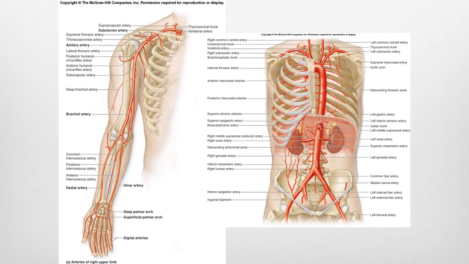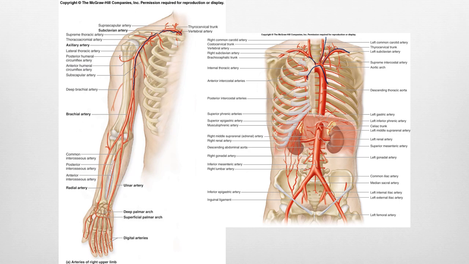We can see that essentially the aortic arch comes off, gives off its branches, the brachiocephalic trunk, the left common carotid, the left subclavian. And for the brachiocephalic trunk, once it becomes the subclavian artery, basically it's the exact same thing.